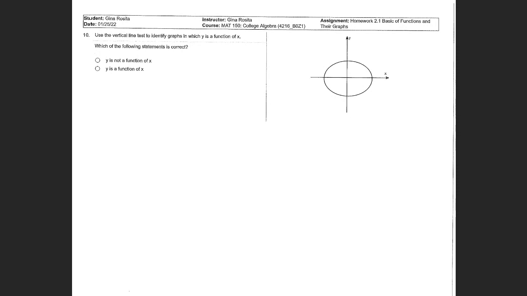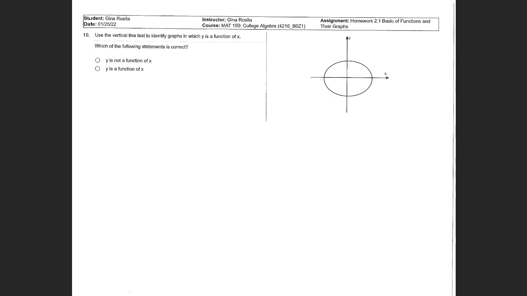Okay. Now number 10. Use the vertical line test to identify graph in which y is a function of x. Which of the following statements is correct? Remember vertical lines. The vertical line test states that if any vertical line intersects a graph in more than one point, then the graph does not define y as a function of x.